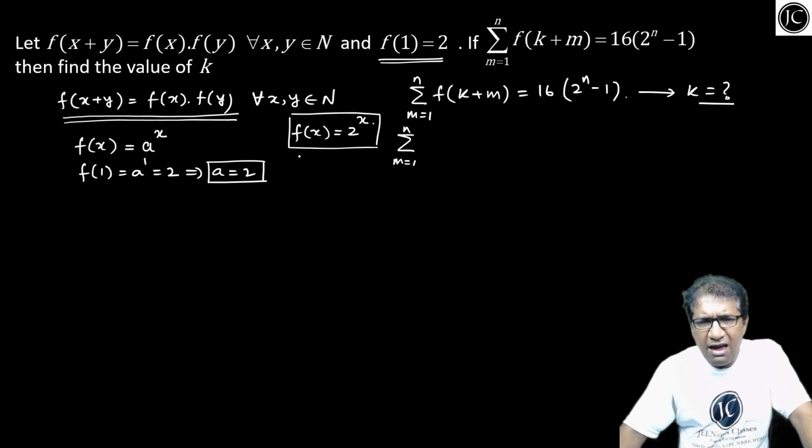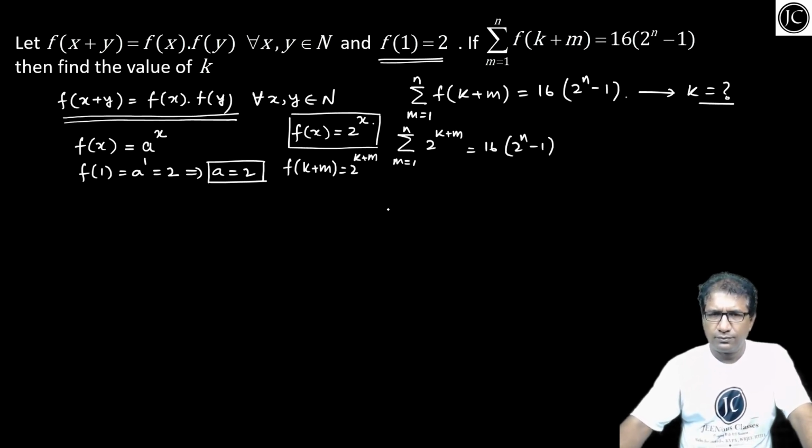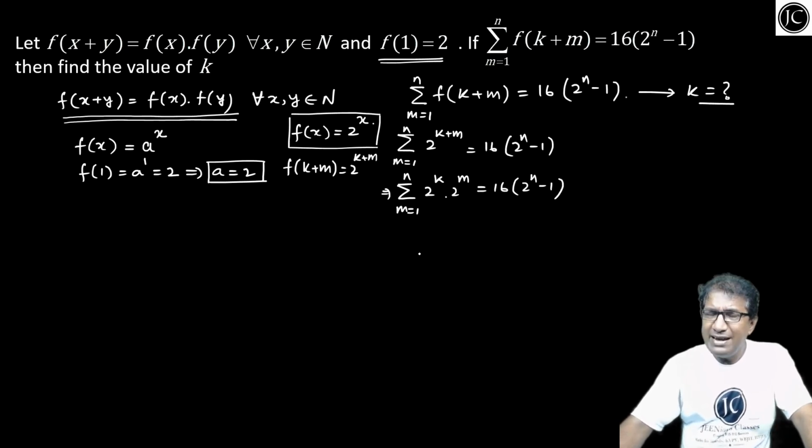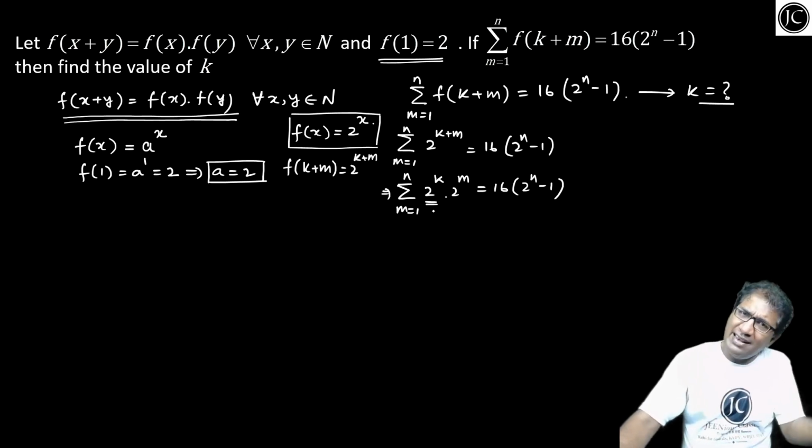f of k plus m क्या होगा बच्चों? 2 to the power k plus m, मतलब which is equals to, अभी देखो 2 to the power k plus m को हम लोग लिख सकते हैं 2 to the power k into 2 to the power m, राइट? अभी 2 to the power k में तो m कुछ नहीं है, तो इसको हम सिग्मा के बाहर निकाल सकते हैं.